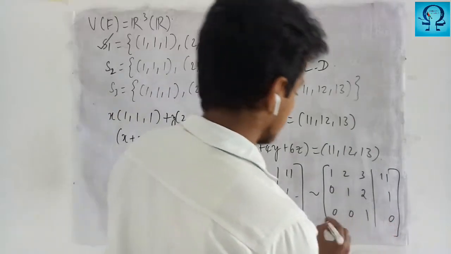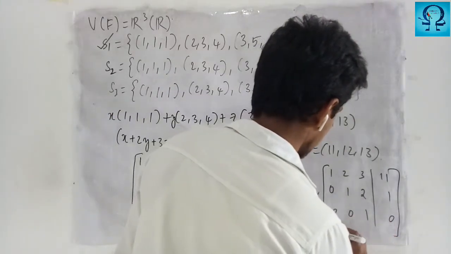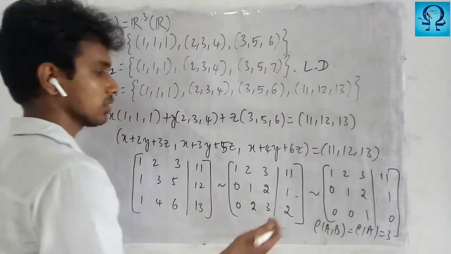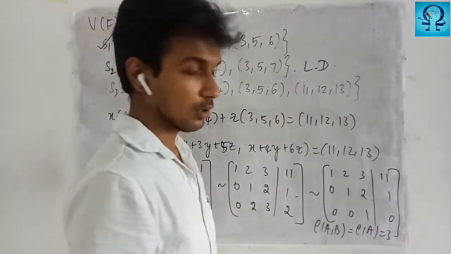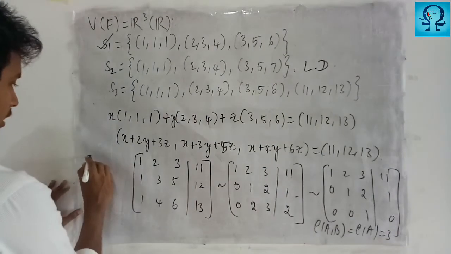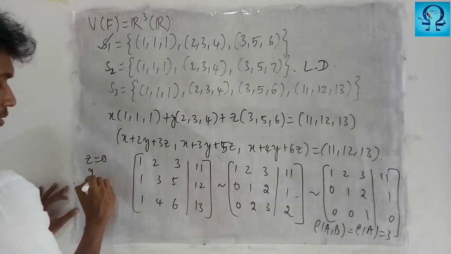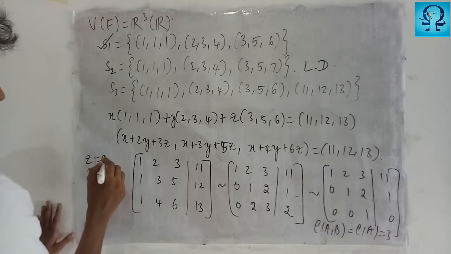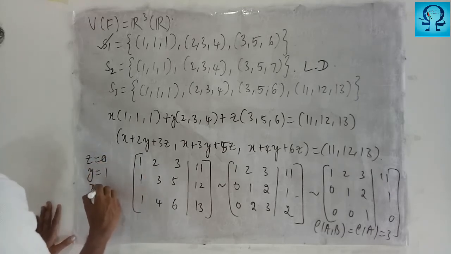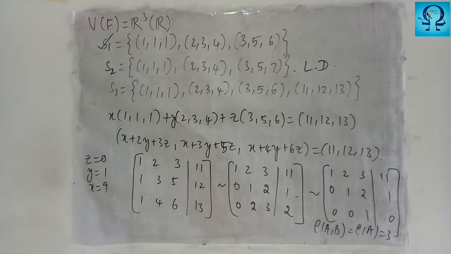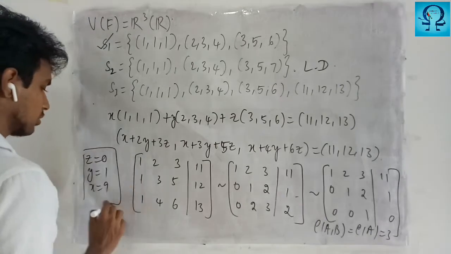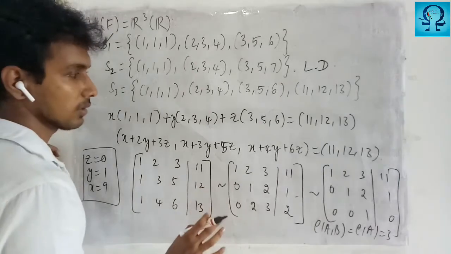Here from this I can see that the rank of AB is the same as the rank of A, which is the same as the number of unknowns. Therefore I am going to have a unique solution, and from that I can deduce z to be 0 and y to be 1. If I substitute y to be 1, my x is going to be 9, right? So these are the unique values for this case.